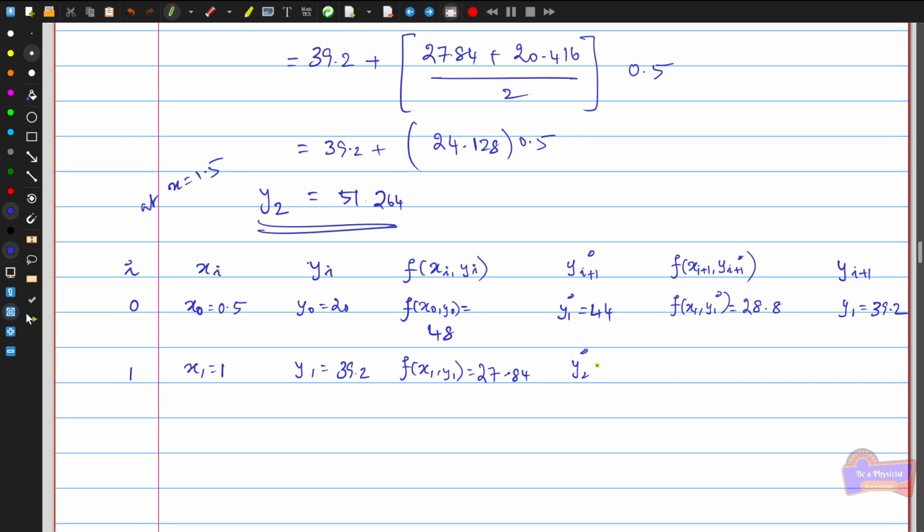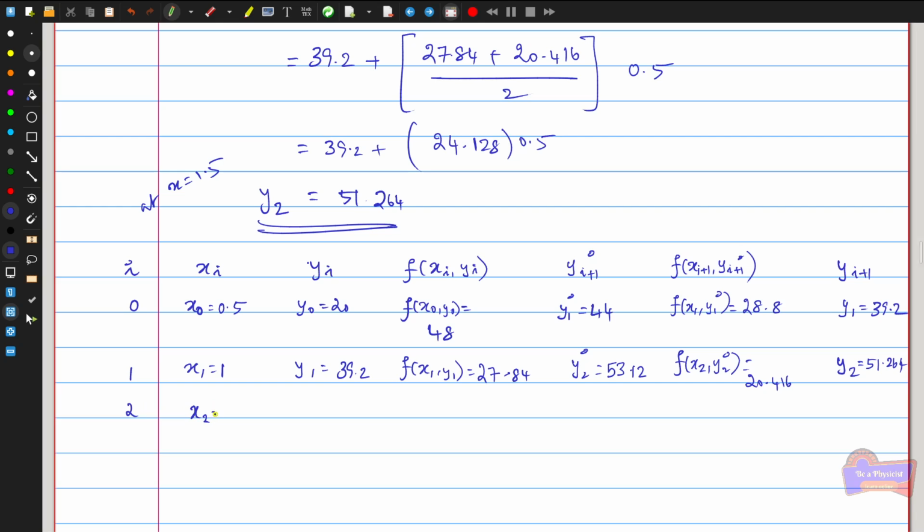Again, y2 of 0 is equal to 53.12, and the slope for the corrector method, f of x2 comma y2 of 0, is 20.416, and using this we have calculated y2 as 51.264. Using this, you can continue with another iteration.